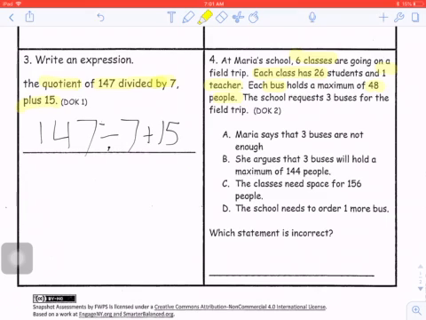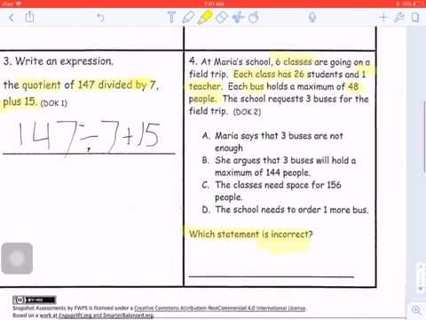A, Maria says that 3 buses are not enough. B, she argues that 3 buses will hold a maximum of 144 people. C, the classes need space for 156 people. D, the school needs to order 1 more bus. Okay, we're looking for which statement is incorrect.